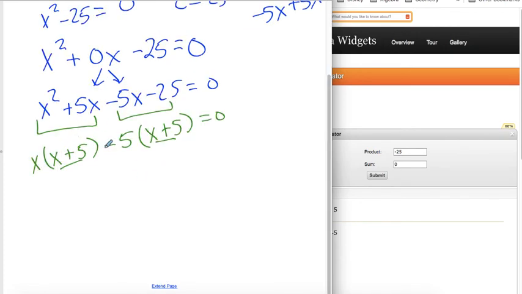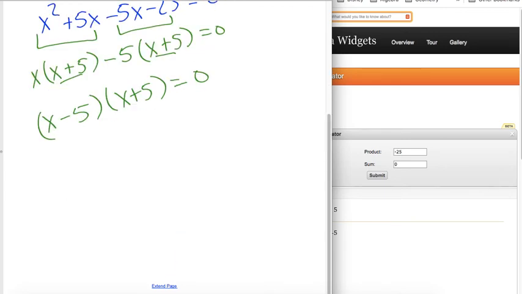And then we've got x minus 5 to create the first binomial, and then x plus 5 will be the second binomial. Now it has been factored. And next we have to just continue on to the solving part. So the hard part of this is done. We're going to take each of these factors and set them equal to 0.